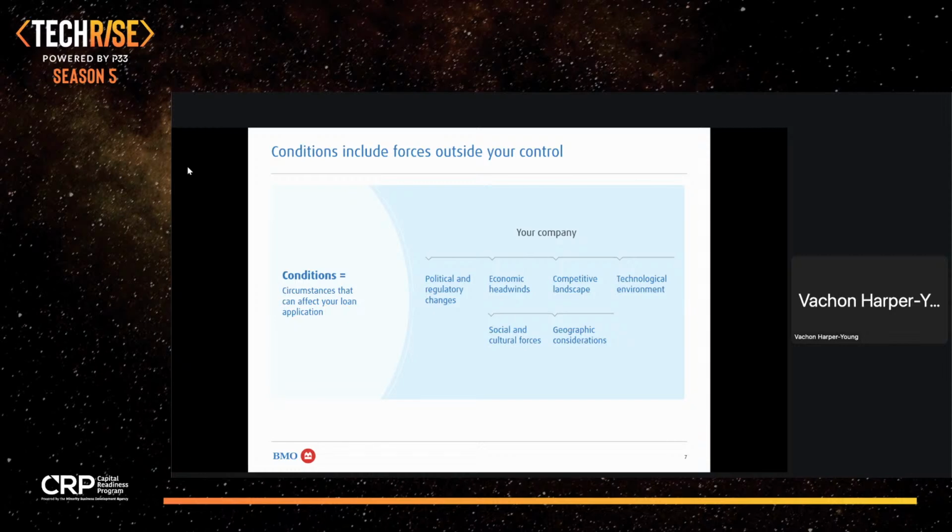Those are the type of things you want to always pay attention to. What is happening from an economic standpoint that's going to impact your business, and be able to pivot as quickly as possible.